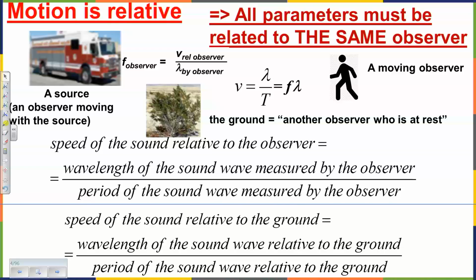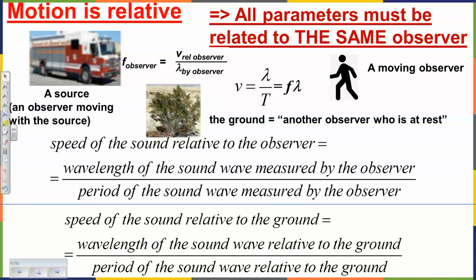Then we move on to a situation when the source of a sound is moving, and then when the observer is moving, and then we arrive at the equation which has a name, the Doppler Effect equation, and then we will practice using that equation.